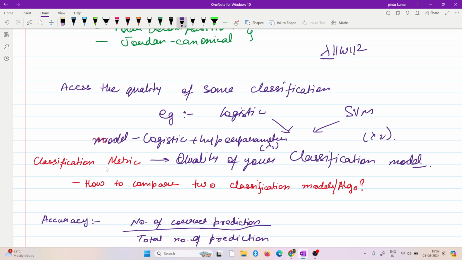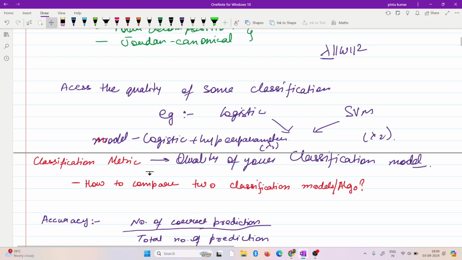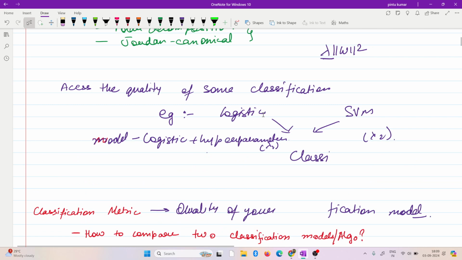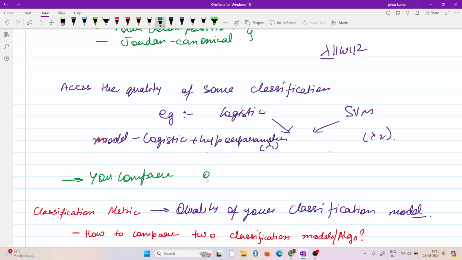Generally, this checking that you do is done on the test data set, right? Because the data that you're using to train, there is no meaning in comparing your models on the same data set. So generally, you compare on test data, but based on your need, you can also check on the train or validation set.